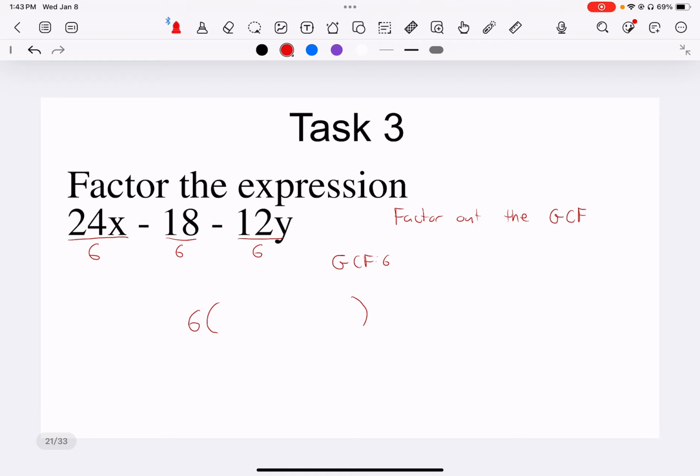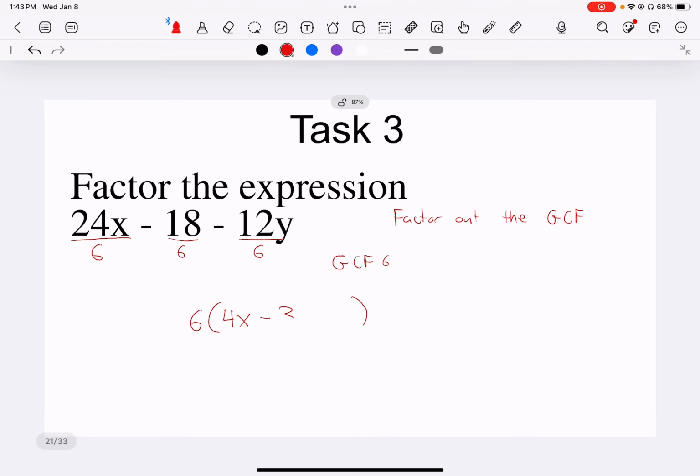24x divided by 6 is going to give us 4x. Negative 18 divided by 6 is negative 3. Negative 12y divided by 6 is a negative 2y.